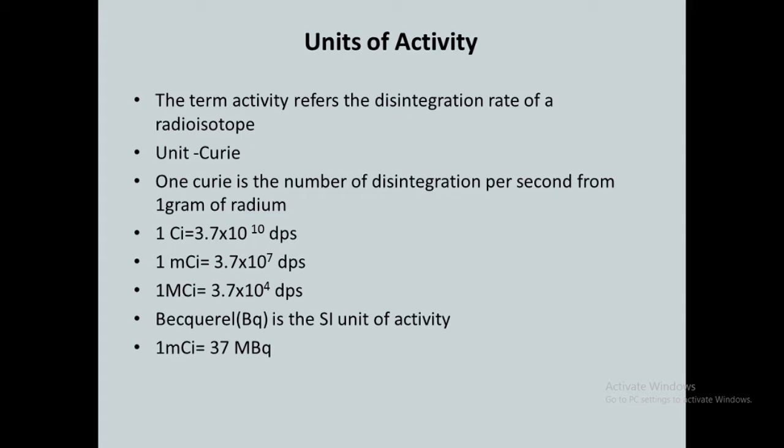Then 1 millicurie equals 3.7 into 10 raised to 7 disintegration per second. And 1 microcurie is 3.7 into 10 raised to 4 disintegration per second. Becquerel, denoted as Bq, is the SI unit of activity and it is equal to 1 disintegration per second.